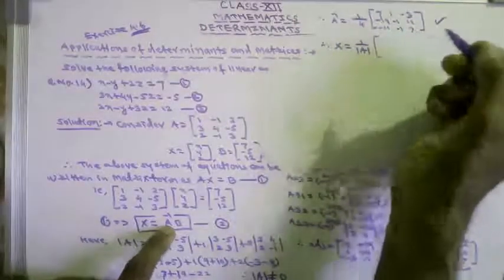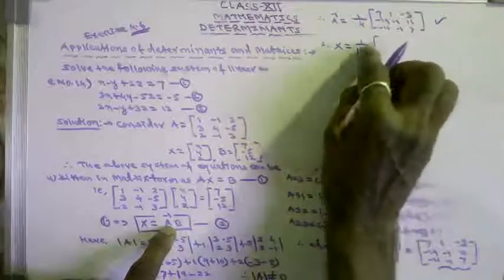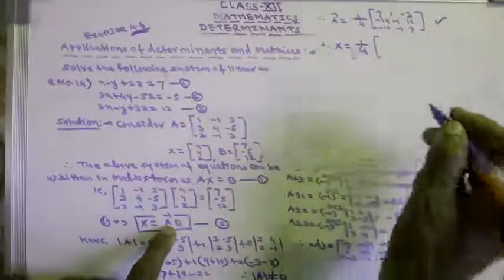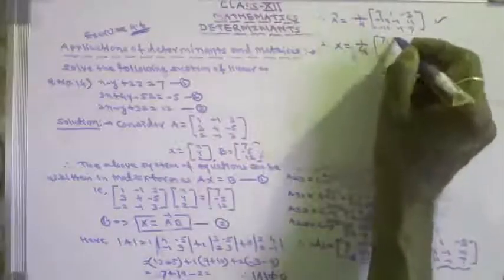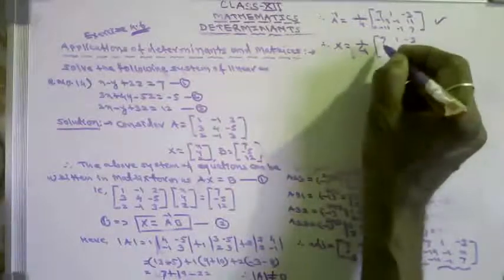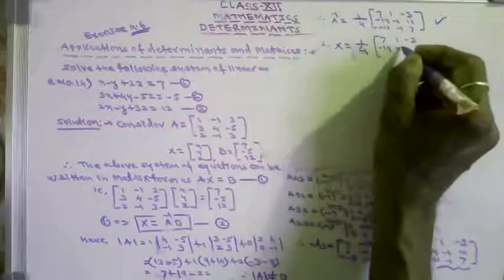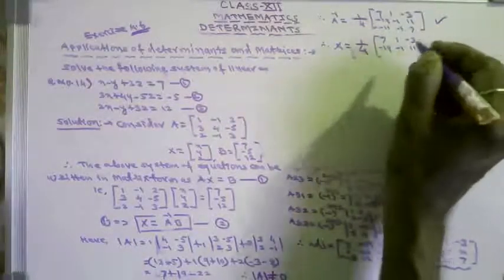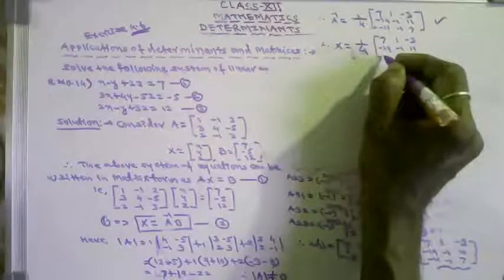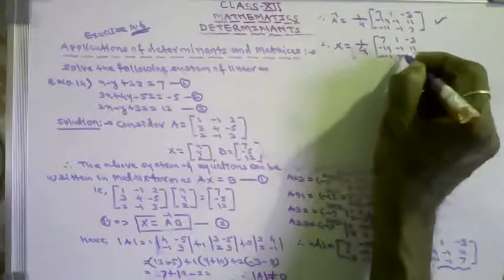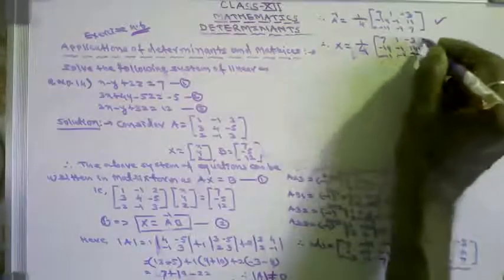I am writing the determinant of A is 4. Now this 7, 1, minus 3, minus 19, minus 1, 11, then minus 11, minus 1 and 7.